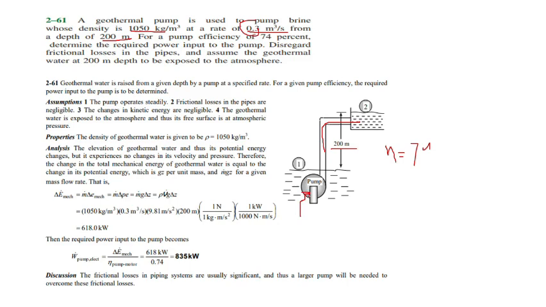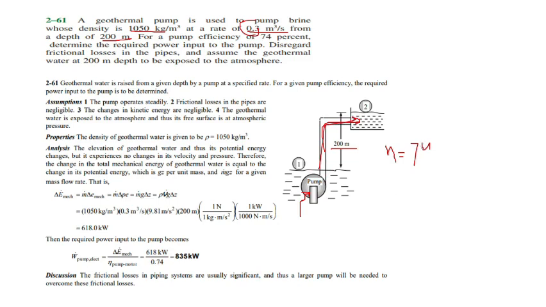First of all, you provide some electricity to the pump, and the efficiency tells you how much of this electricity will be converted into useful work so that the pump can push this water above.